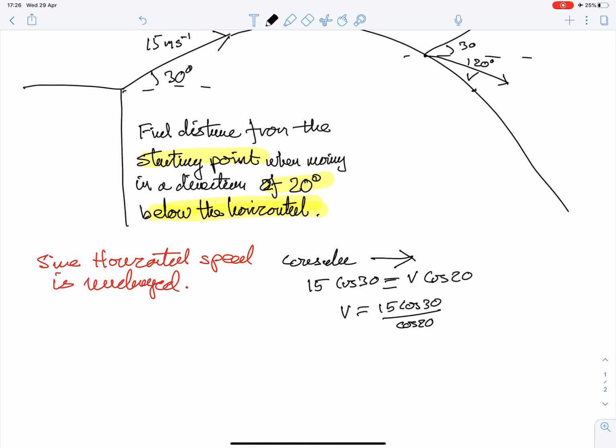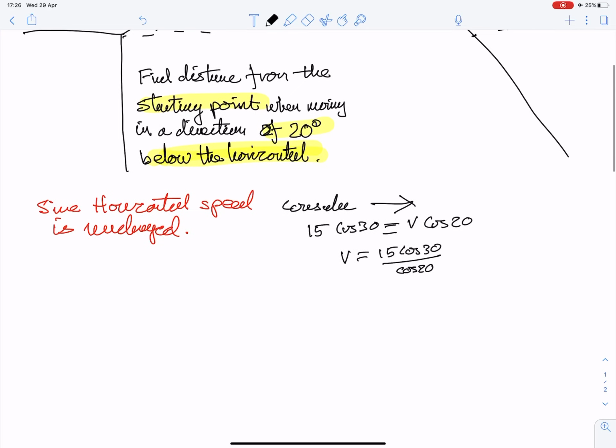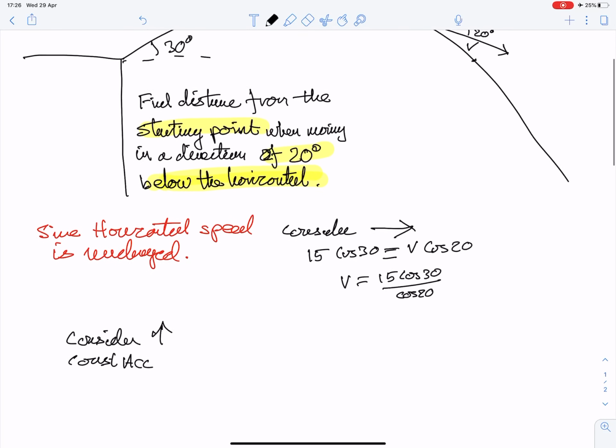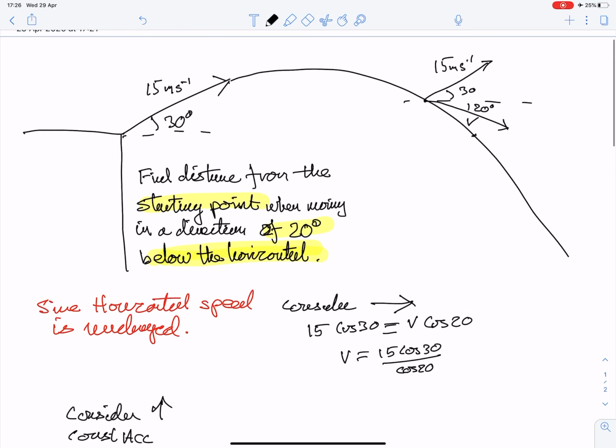So now we're going to need the vertical speed, because we're going to have to find that location. So now consider the vertical motion, and it's constant acceleration because it's a projectile motion. And then we've got to break these down into their components.